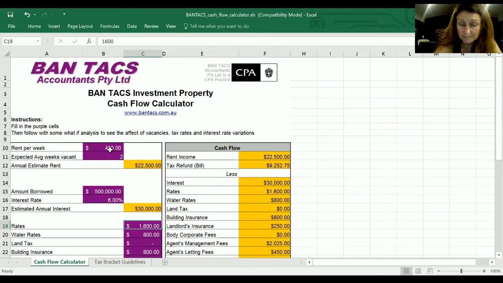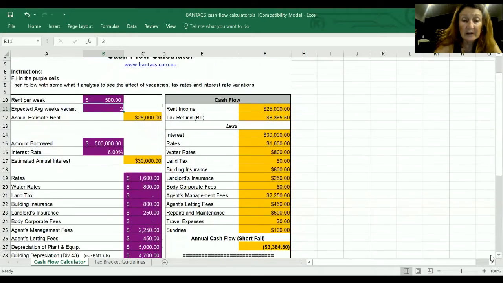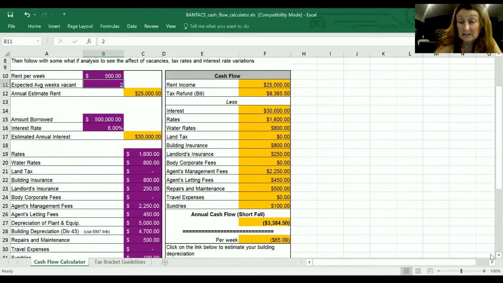So it would be reasonable to say that the rent would be at least $500 a week by then. Probably more, because not only have we had a year or two pass, we've also had a fair amount of inflation. So adjusting for that, it's still going to cost you $65 a week.